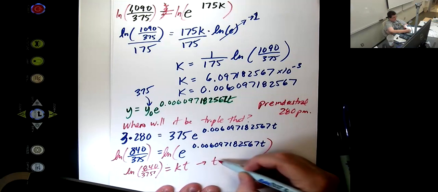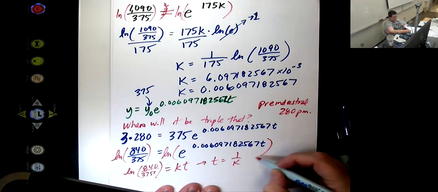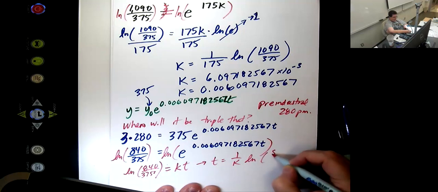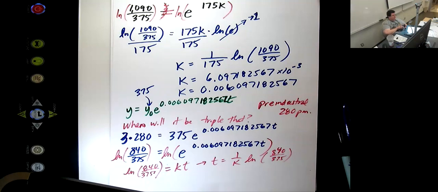So t equals 1 over k times the natural log of 840 over 375. Natural log of answer divided by 0.006097182567.